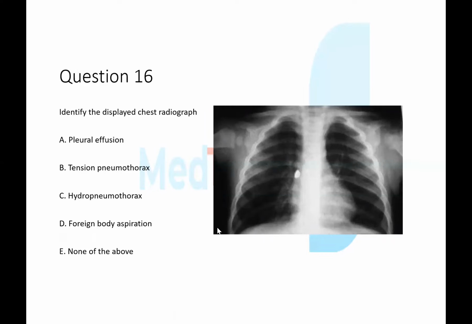Okay. So what do we have here? Anyone? Foreign body. Exactly. So there's something that appears like a coin close to the hilum of the lung.